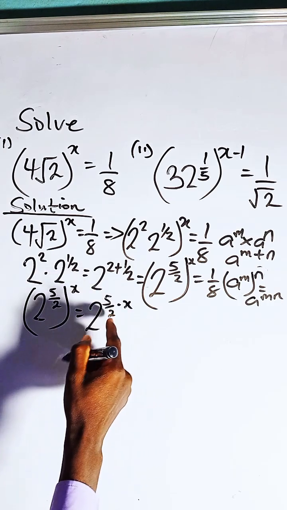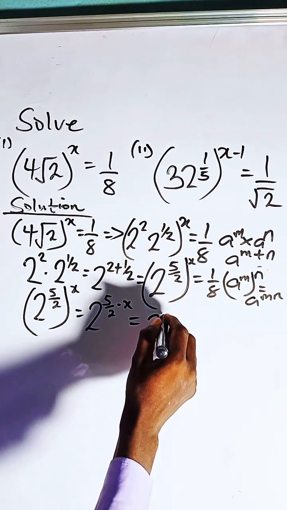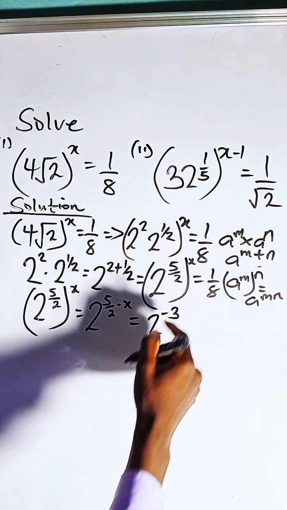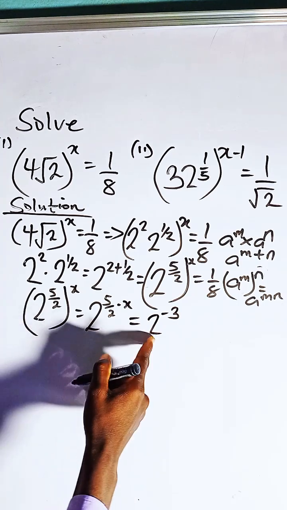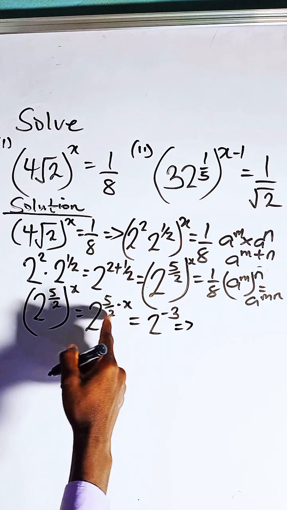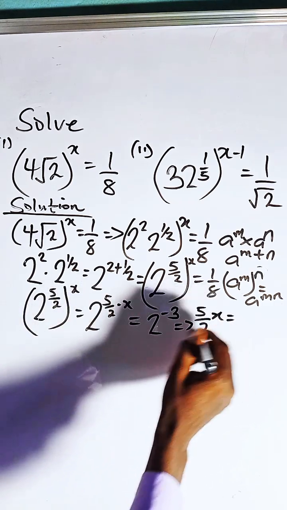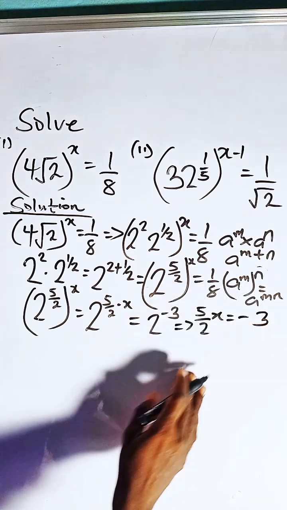We can write 1 over 8 as 2 raised to power minus 3. Now we have the same base, so we equate the powers: 5 over 2 x equals minus 3.